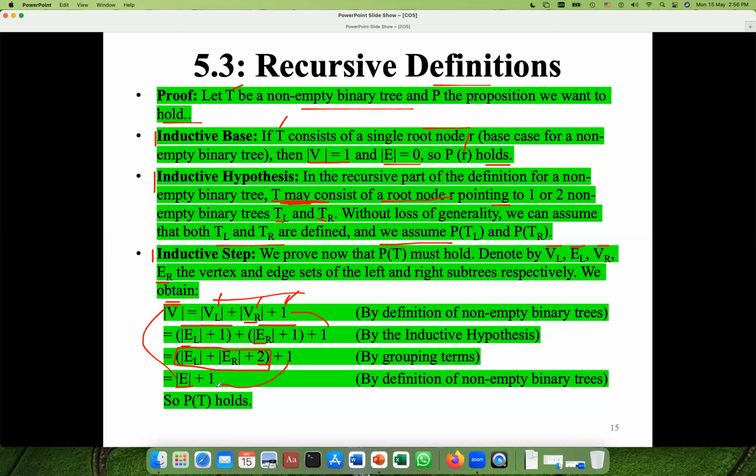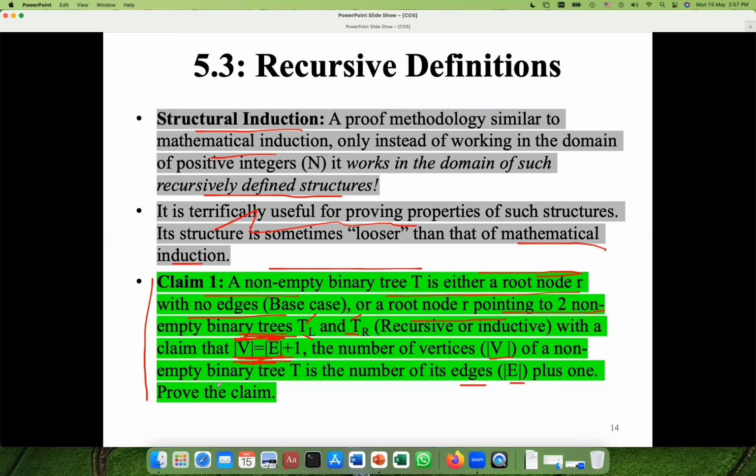So now you can say that P(T) holds, that the proposition for the binary tree holds. This is the example for structural induction. Basically, you can write it here, example 1. But I just renamed that example 1 to claim 1, because you can also use structural induction to prove something.